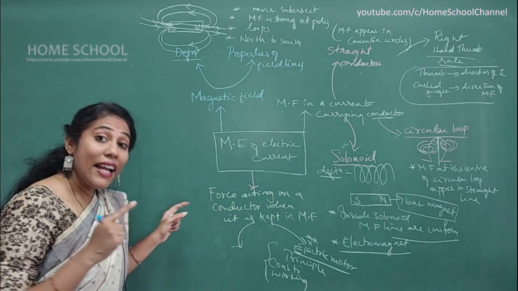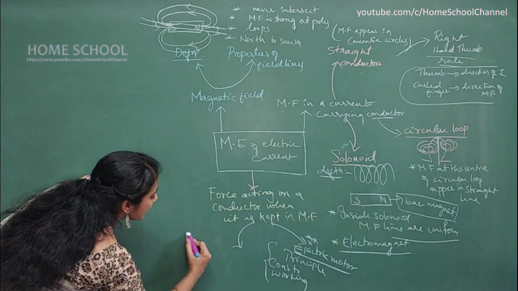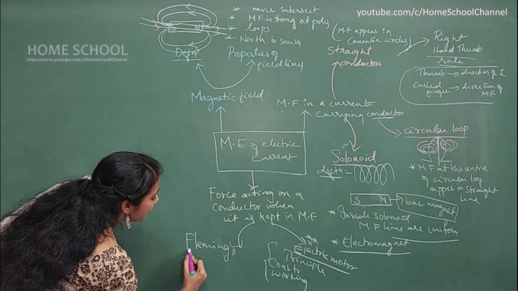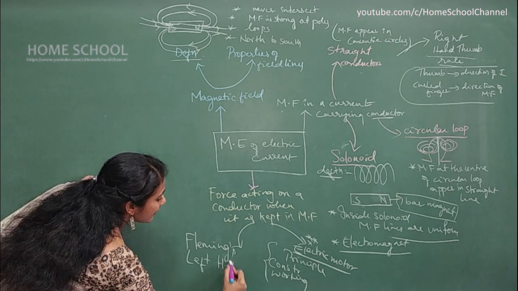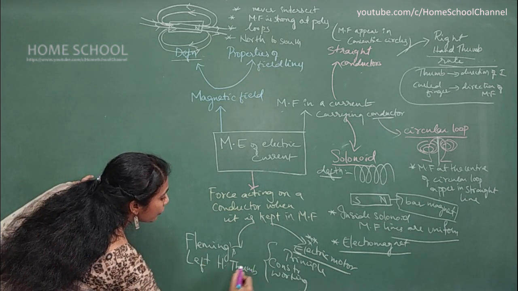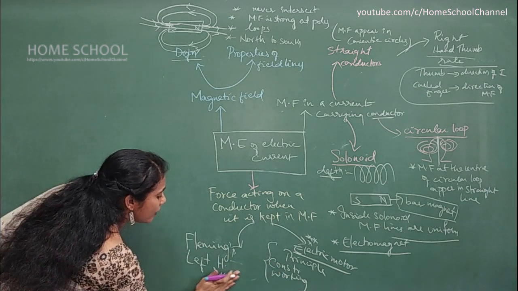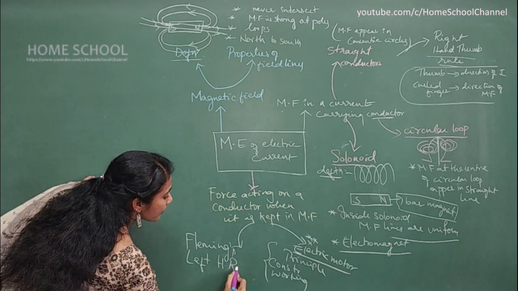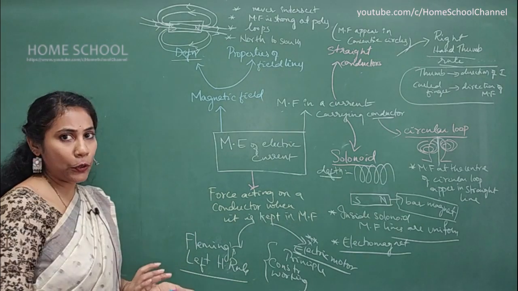Fine. And here comes one important rule that you have to remember, that is Fleming's left hand rule. Just we will call it Fleming's left hand rule. Okay, so what is the use of Fleming's left hand rule?